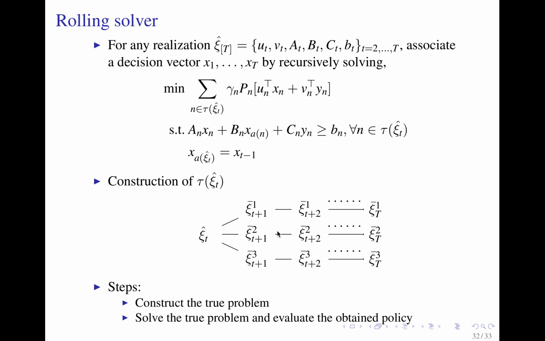For the rolling solver, again, we construct the true problem, but this time, instead of making a discretization of the problem, we solve the true problem directly and make evaluation. But there's still some discretization going on behind the scenes. But for the users, you could just build a true problem and solve it directly. So these are all the solvers we've implemented so far.